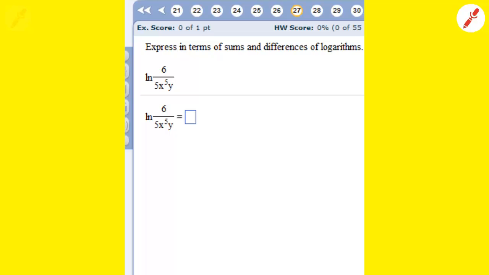Here we have the ln of 6 over 5 x to the 5th power y. So I'm going to take the ln of 6 minus the ln of, parentheses, 5 x to the 5th y.